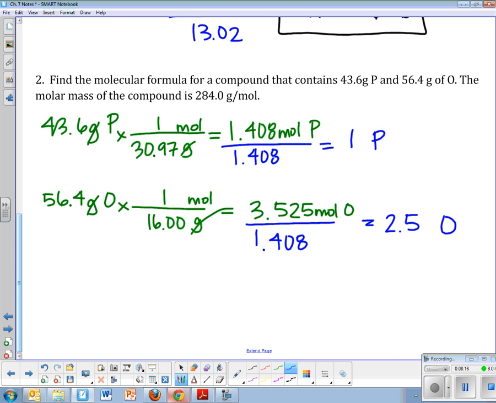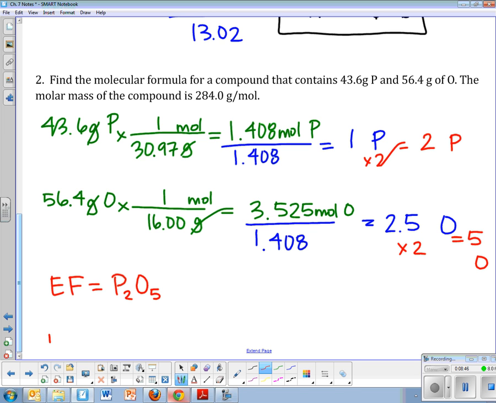Well, if I multiply them both by 2, this is going to give me 5 and this one's going to give me 2. There's a whole number ratio. For every 2 phosphorus, there are 5 oxygens. So my empirical formula is P2O5.